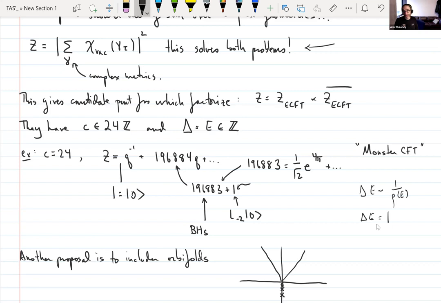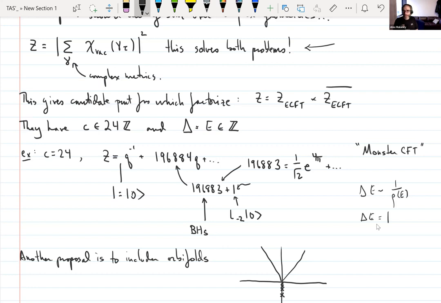It's not just order 1, it's equal to 1. And so rather than having a bunch of different states that are very closely spaced, you have 196,884 of them all sitting right on top of each other. That's a symptom of the fact that this is an integrable theory. And so to some extent, I think that if our goal is to find a model of three-dimensional gravity that is as solvable as possible, then these extremal CFTs are really great candidates.